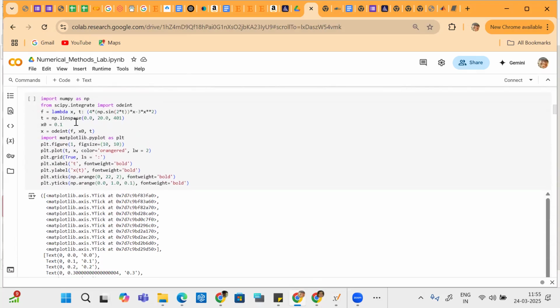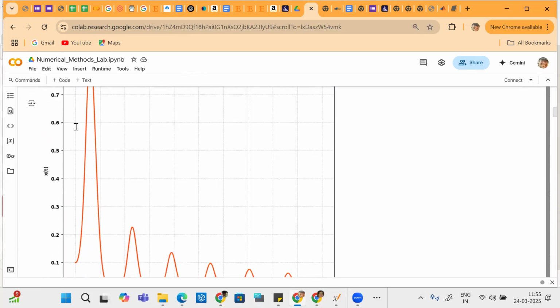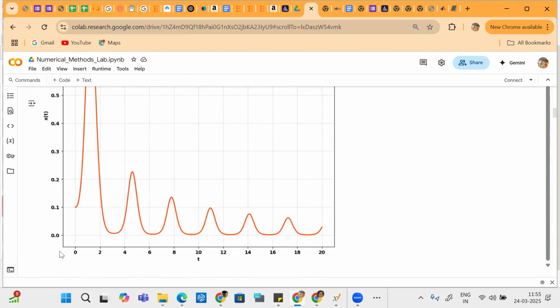If your method gave a wrong result at t equal to 0, it would not have been 0.1, it could have been some other value. So the initial condition is correct, therefore it is correct. This is how, given a plot, you can check whether your answer is correct or not. How can you blindly believe Python?